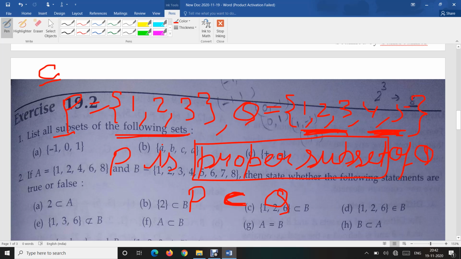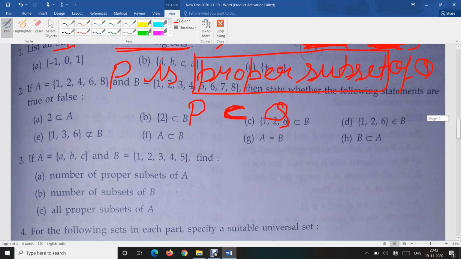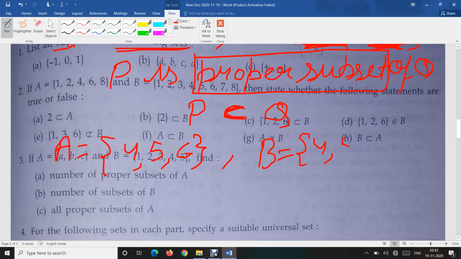Now, suppose you have A is equal to 4, 5 and 6 and also B is equal to 4, 5 and 6. Is A the subset of B? Now remember, what is the condition for the subset?